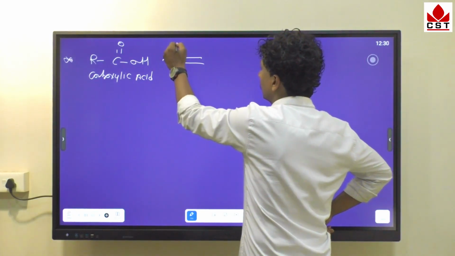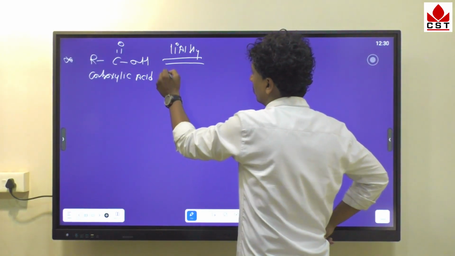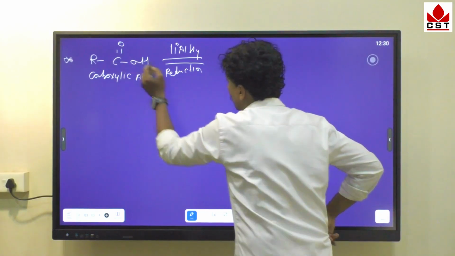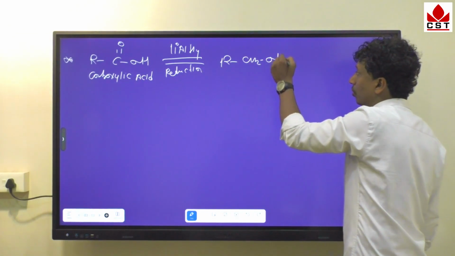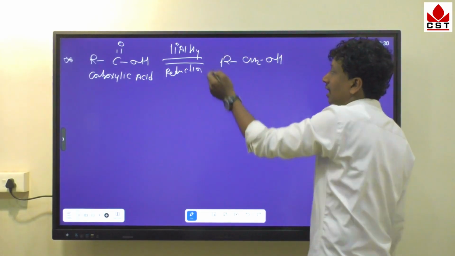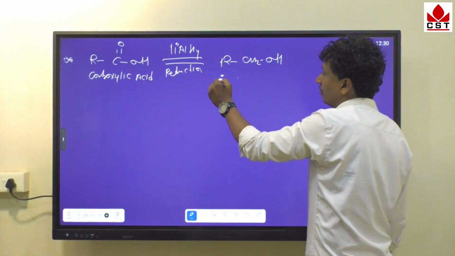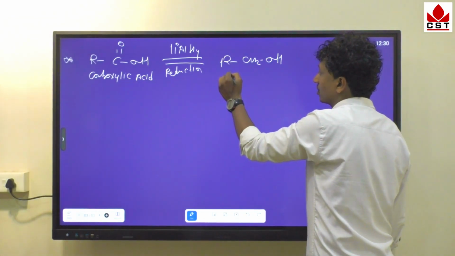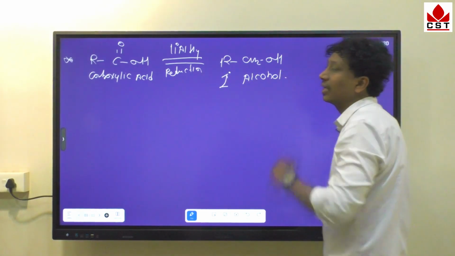It is reacted with lithium aluminum hydride, which on reduction forms the product R–CH2OH. OH is attached to a carbon that carries one other carbon, and such an alcohol is called a 1 degree alcohol, a primary alcohol.